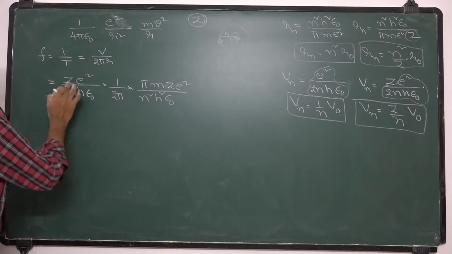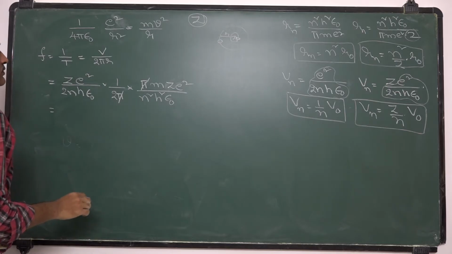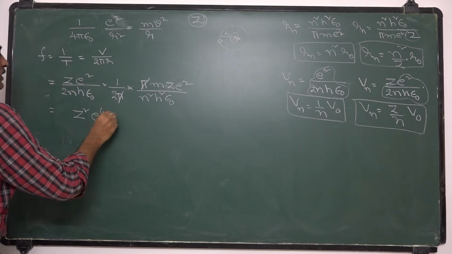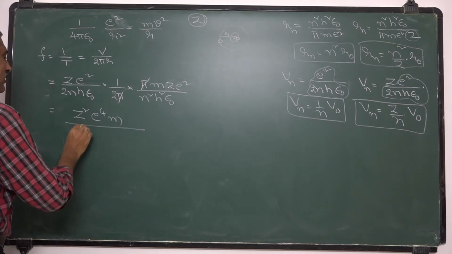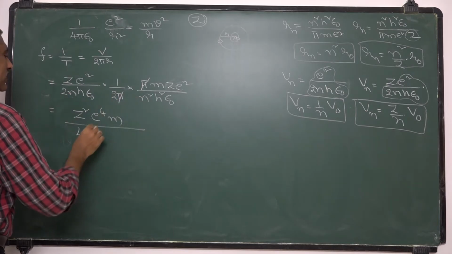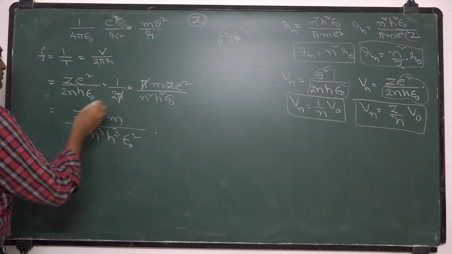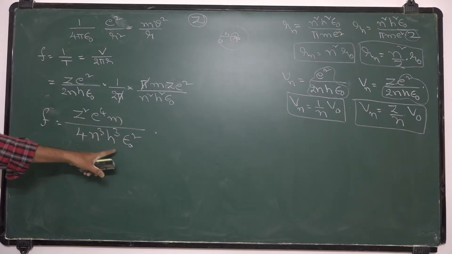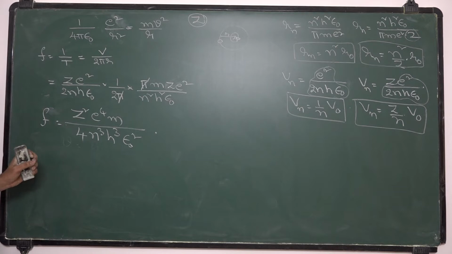Now we can write this equation as this, pi will get cancelled and the remaining terms remain same, that is Z square e power 4 m by, this is 2 into 2 is 4, n into n square is n cube, h cube epsilon naught square. So this is the orbital frequency in case of atoms having a Z number of protons inside the nucleus.